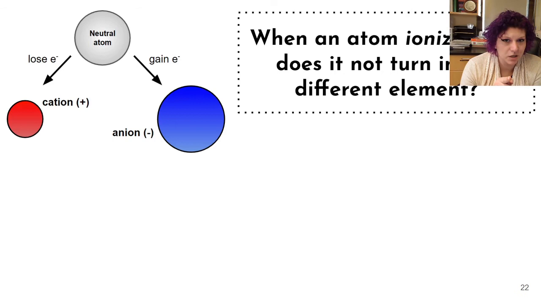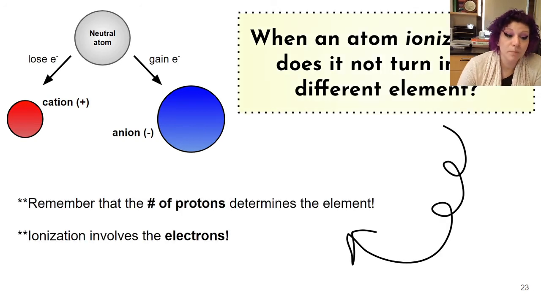What determines an element? What makes elements different from each other? Remember that the number of protons determines the element. And we're not touching the protons here. We're just changing the electrons. So that's why it doesn't turn into a different element. That would be alchemy. That would be really cool, but that's not what happens. We are just basically messing around with the electrons.